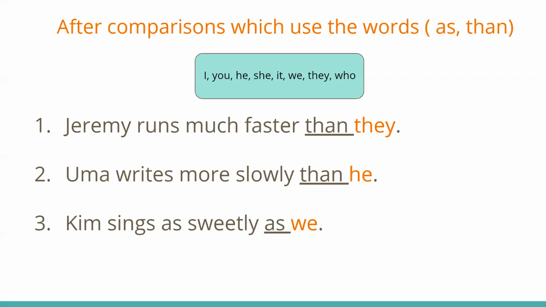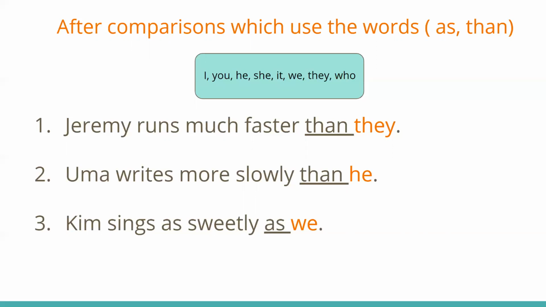Be careful with this rule. The second sentence says, Uma writes more slowly than he. Right? We're checking now. Uma writes more slowly than he writes. Right? So we see here a subject pronoun must be used. We wouldn't say that Uma writes more slowly than him, because when we check, we'll get Uma writes more slowly than him writes, and that's not correct.